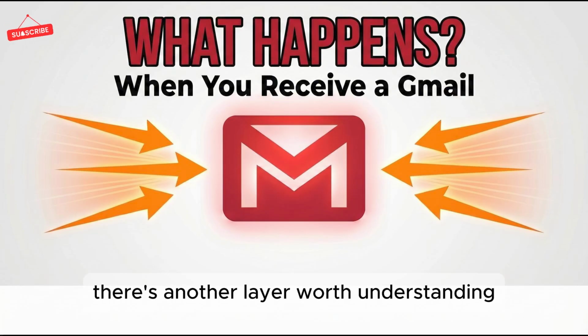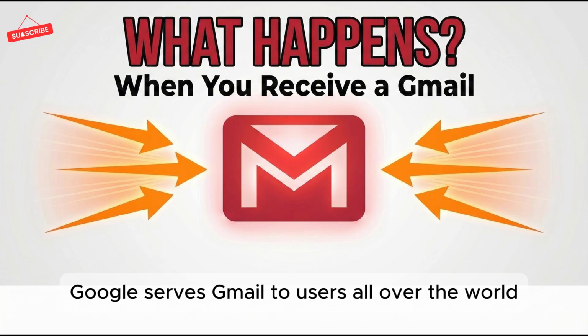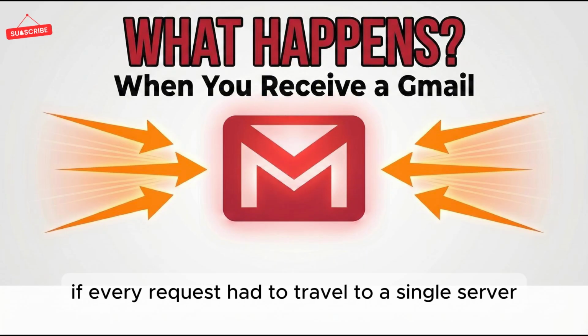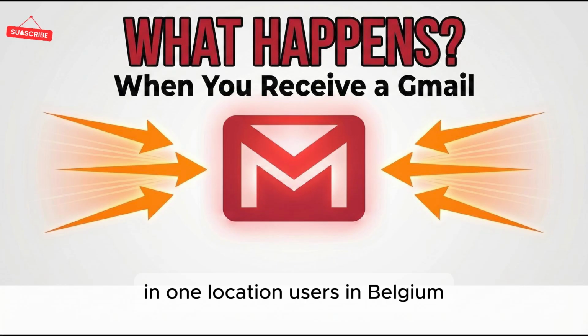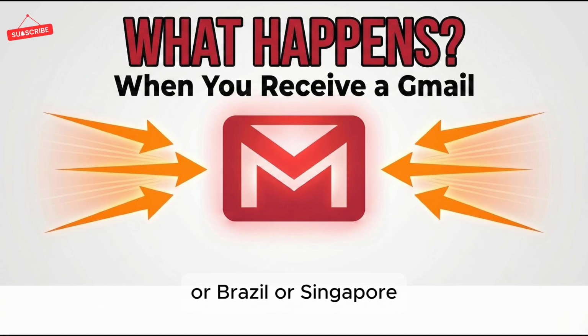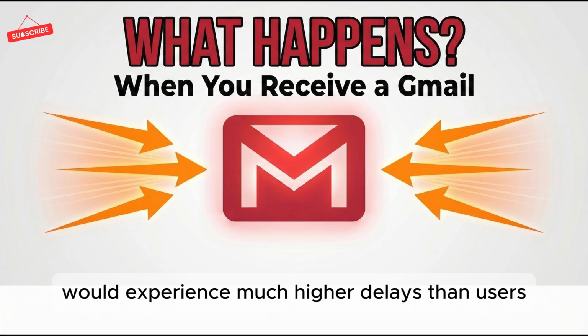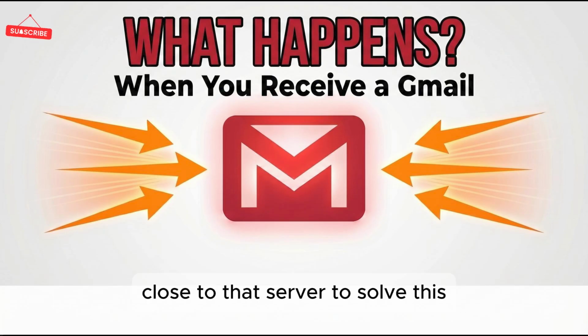There's another layer worth understanding. Google serves Gmail to users all over the world. If every request had to travel to a single server in one location, users in Belgium or Brazil or Singapore would experience much higher delays than users close to that server.